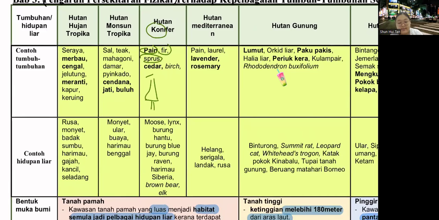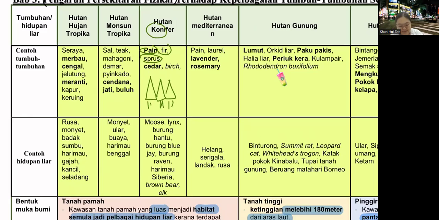All right. And then you think about it. Normally in the movie or in the cartoon or in the drama, where you see a place that is full of conifer trees, what animals will come out from there? Right? Your National Geographic.